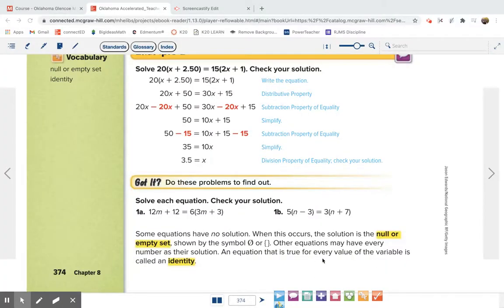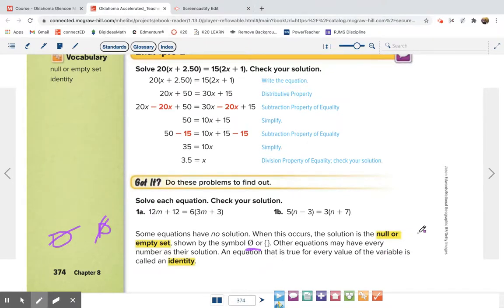So some equations that we look at are going to have no solution. When that occurs, it says it's either null or the empty set, shown by these symbols. So what I typically say is you'll hear me say no solution, and I just use the circle with a line through it, like this one. That means no solution. Okay, then some may have every number as their solution.